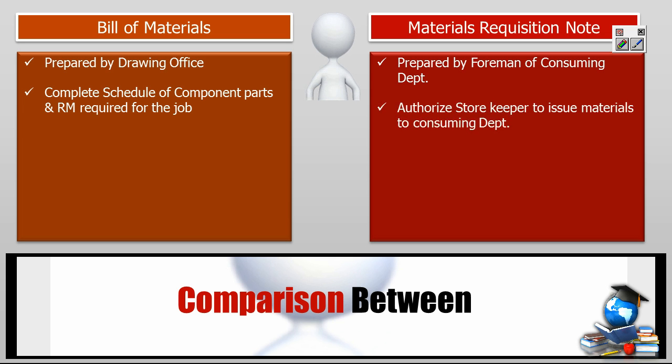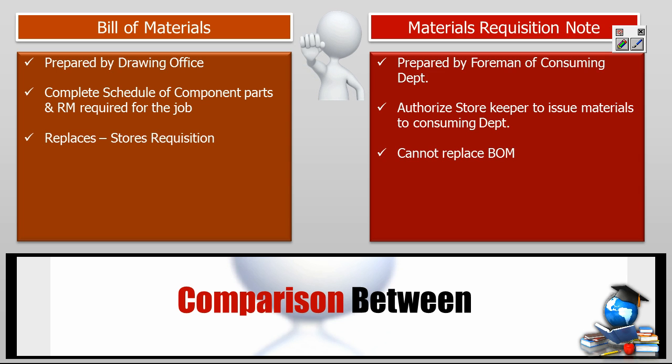But material requisition note is only an authorization to issue a specific amount of materials to complete the job. Bill of materials replaces the store's requisition note. It cannot be the other way around, because the requisition note covers only some parts you want. But bill of materials is the entire list of materials, so you don't require a store's requisition.